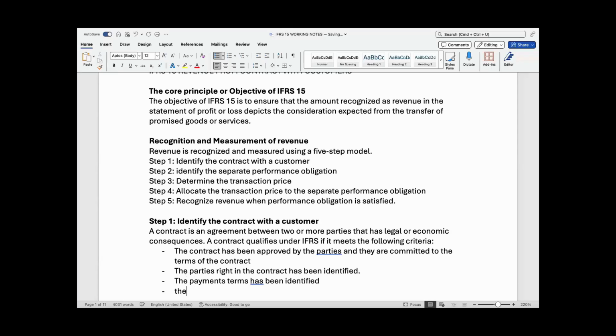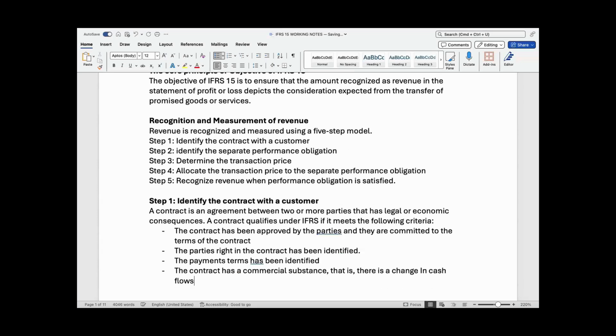Number 4 is that the contract has a commercial substance, that is, there is a change in cash flows, risk, and timing.